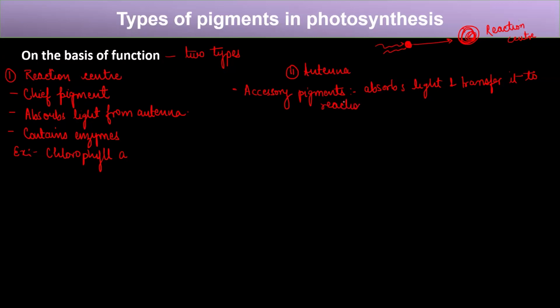Because of this reason, these are called accessory pigments. Now, the light that they absorb is of a specific wavelength. It's not like they can absorb light of any wavelength. The light that this antenna absorbs is of a specific, or fixed, wavelength.